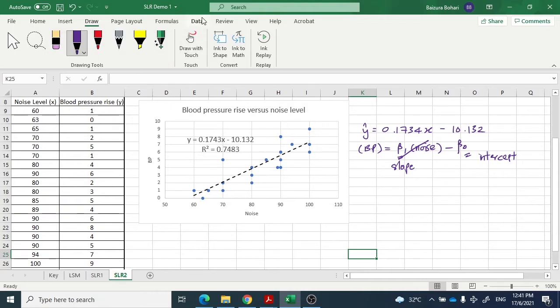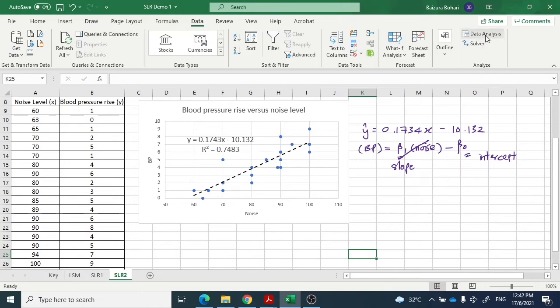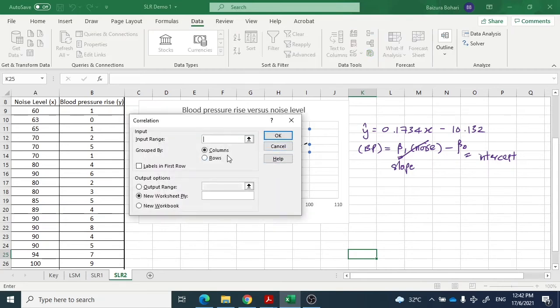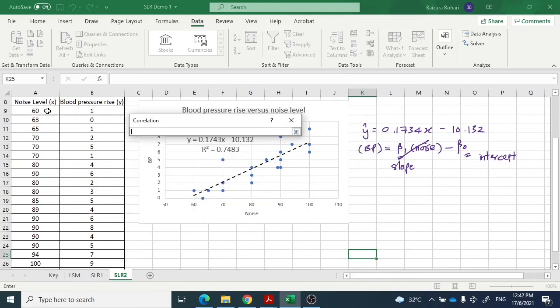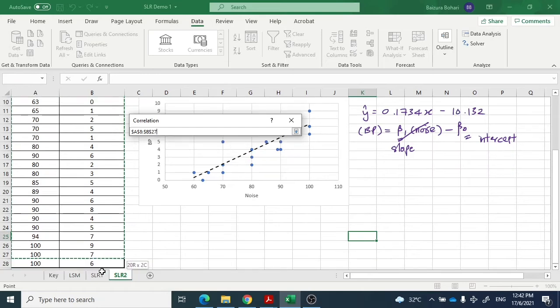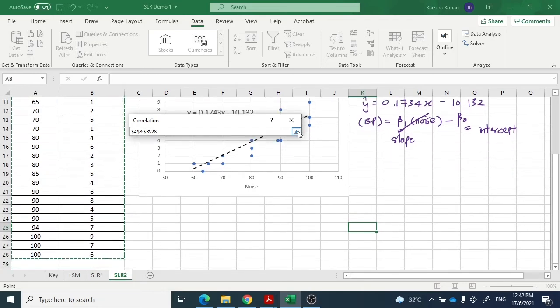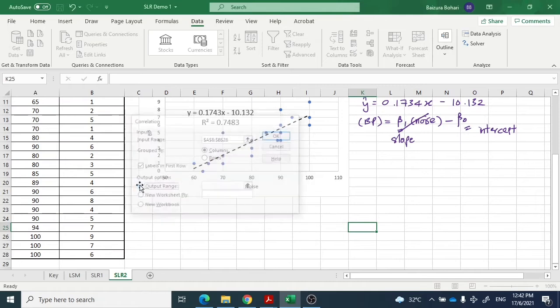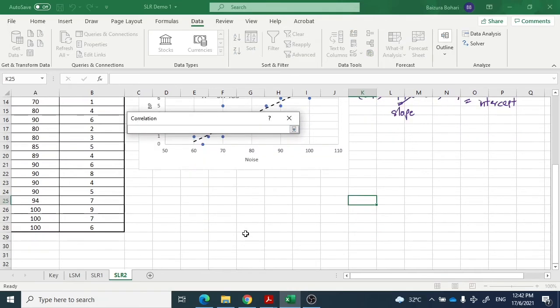So we go to data analysis, and then we can select correlation, click OK, and here the input range, we shall select our data, and labels in first row, and for the output range, click select where you want to put your output.